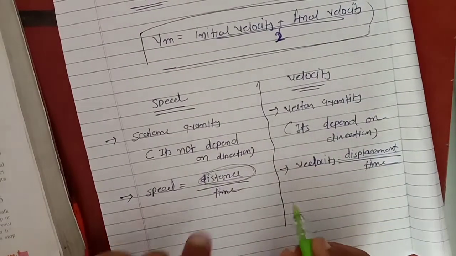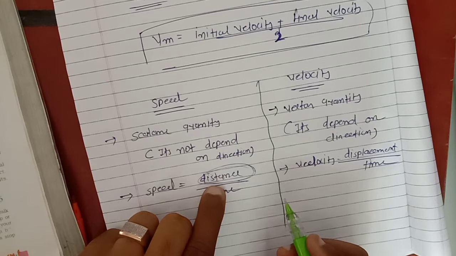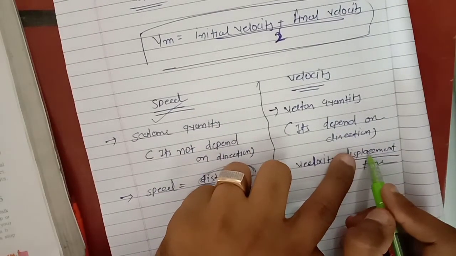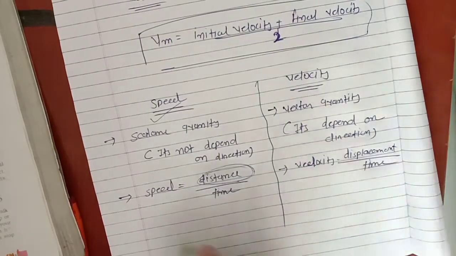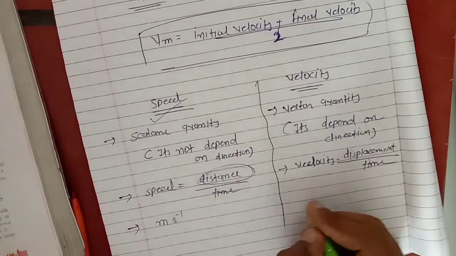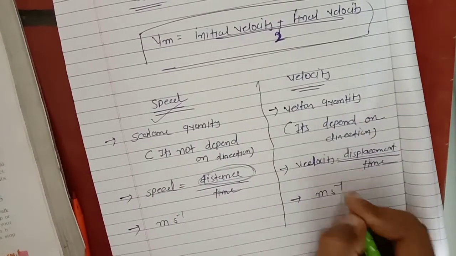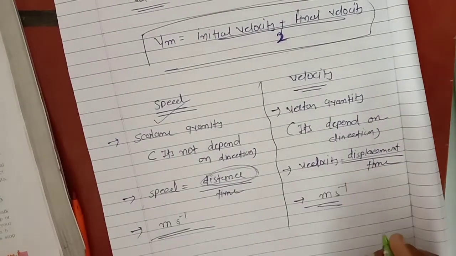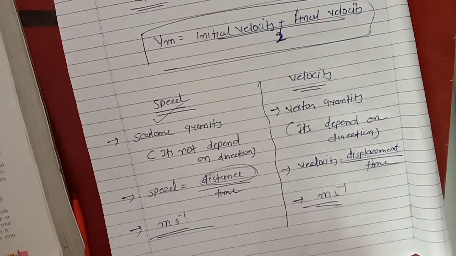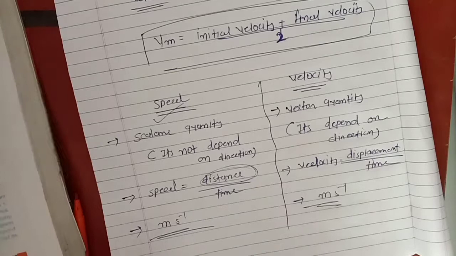Distance is a scalar quantity, that's why speed is a scalar quantity. Displacement is a vector quantity, that's why velocity is what? Vector quantity. Both units same, meter per second. Unit of speed also meter per second, and unit of velocity also meter per second.